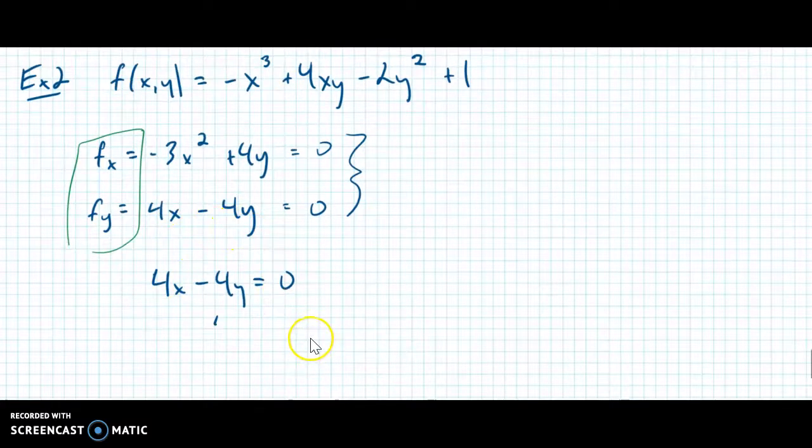I can move the 4y over and get 4x equals 4y, divided by 4, x equals y. So notice x and y have to be the same thing in order for both of these partials to be 0. So I've used this equation. Now what I need to do, as with any system of equations, is plug this right here into that one right there. So what's that give me?